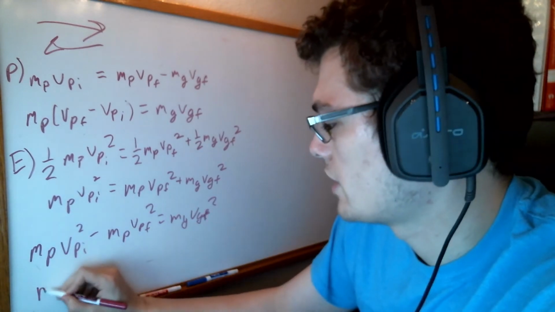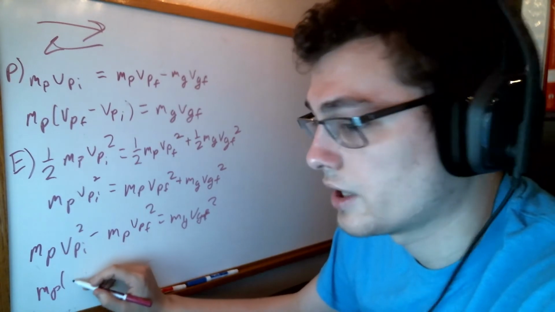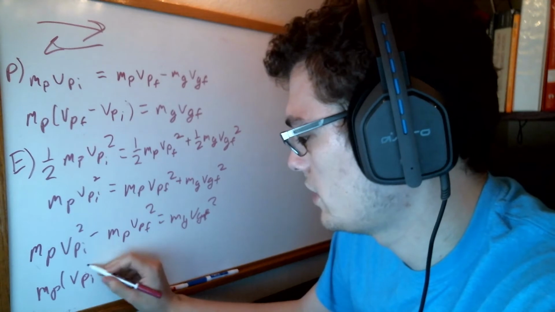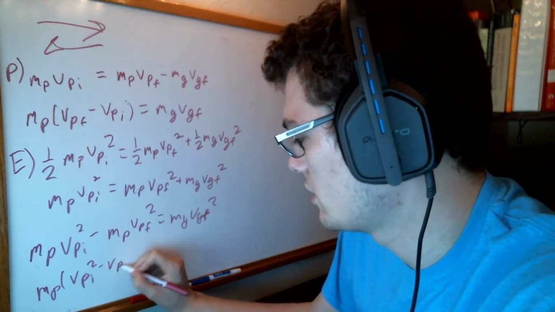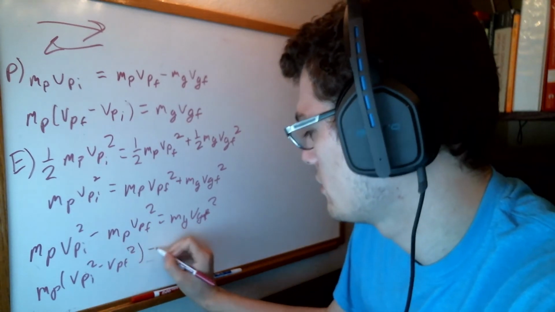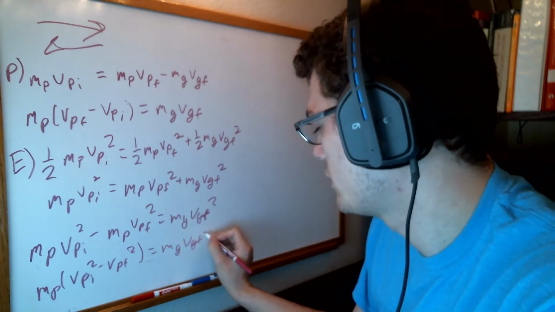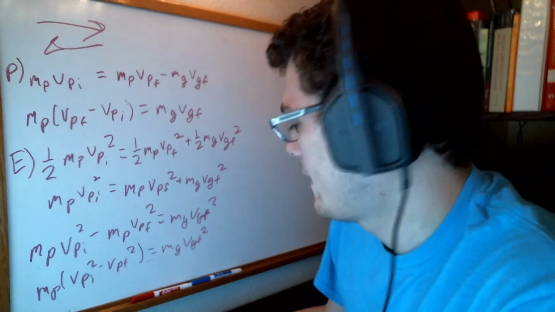And so we can factor out a mass of a puck here, and we'll have VPI squared minus VPF squared equals M goalie V goalie final squared. Okay.